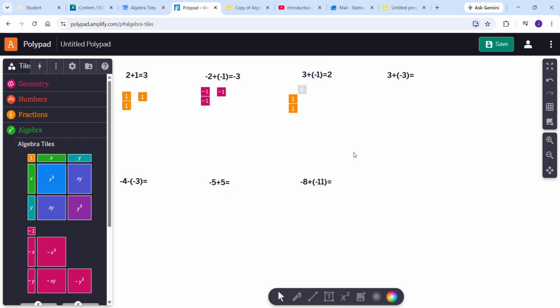All right, so we move on to the next one. We have 3 plus a -3. So we need 3 negative blocks to put in there.